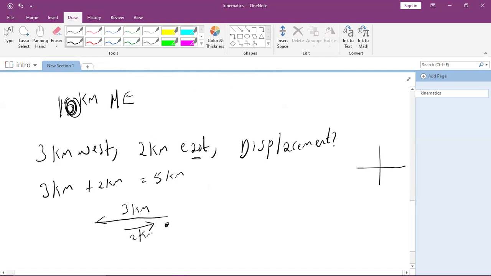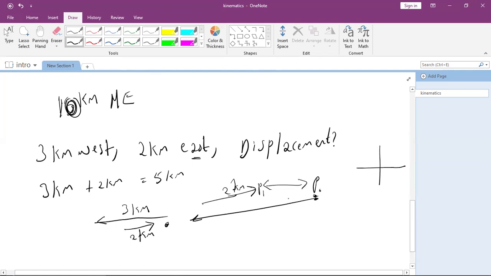That means if you started from this position and you went 3 kilometers, and you came back by a distance of 2 kilometers, it means you're almost back to your starting point. So the distance from this point now to the point you started, that's your displacement.